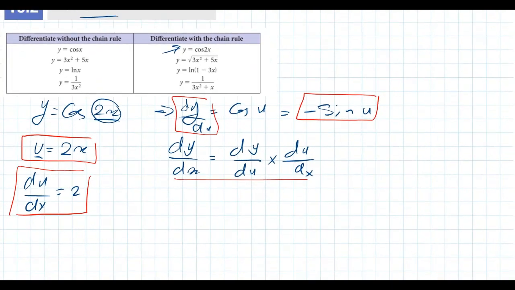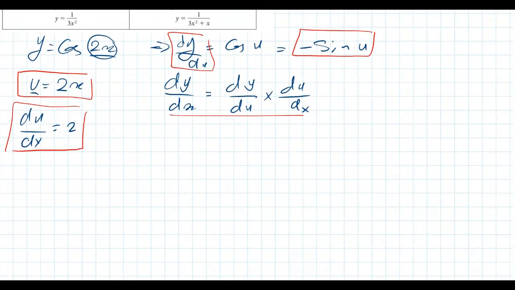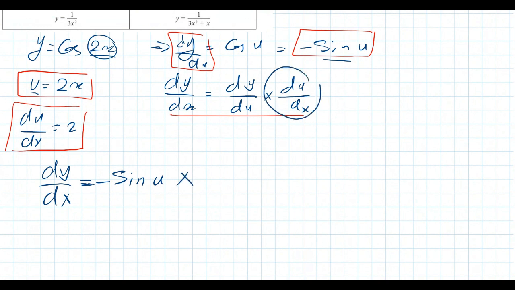So dy over dx equals negative sine u, times du over dx, which is 2, right?